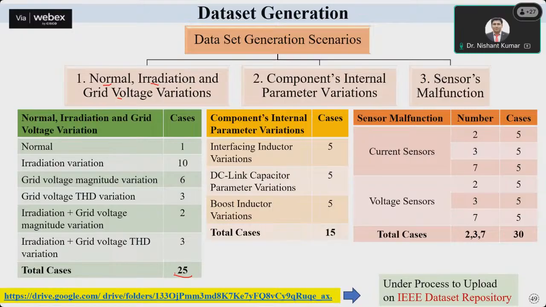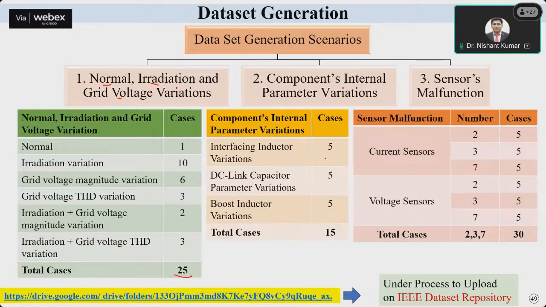So 25 cases we have taken for that. In each case we recorded all the known data as well as unknown data. Similarly, the other one is component internal parameter variation. Here we varied the inductor.